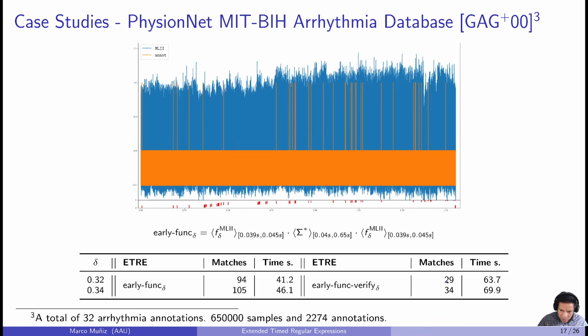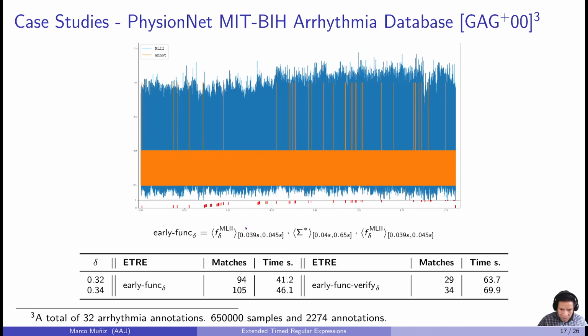We are very close to what the medical doctor says, but we are still missing some annotations. And we are also matching things that are not annotated. So here, in this area, we see that we have matches and there is no error. This is really matching the expression.